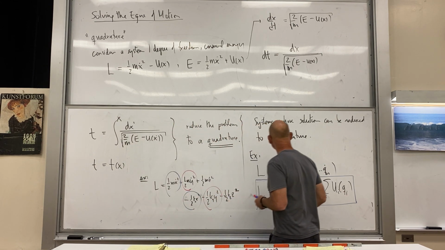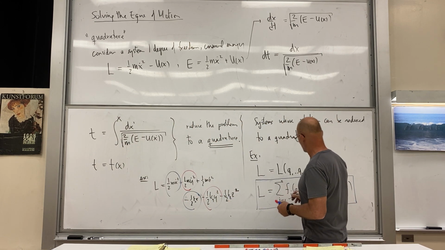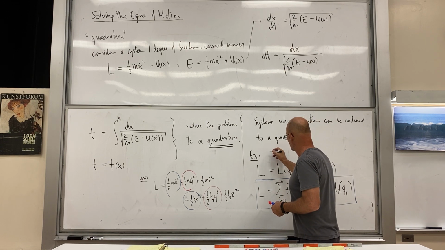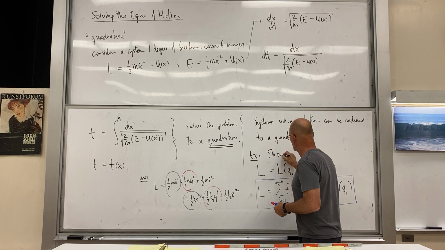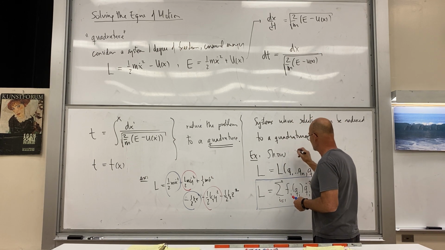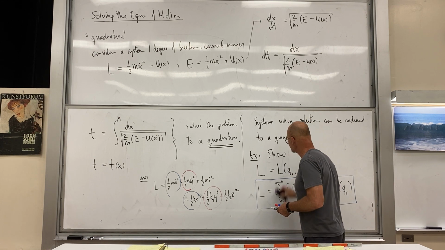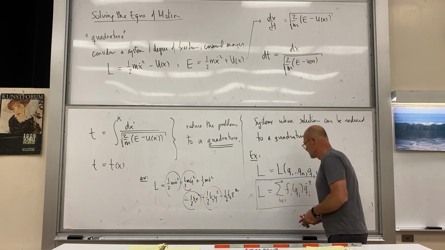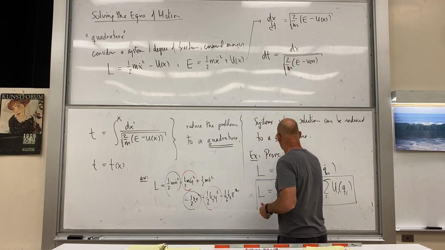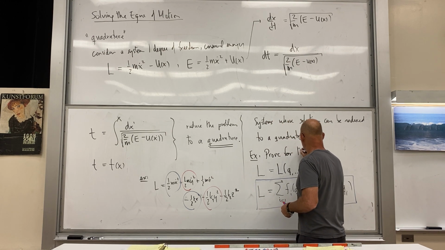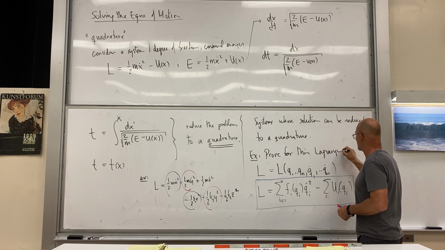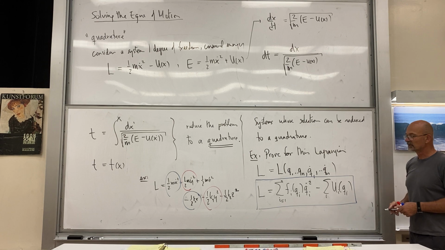Okay. So as an example. Example, prove for this Lagrangian it can be reduced to a quadrature.